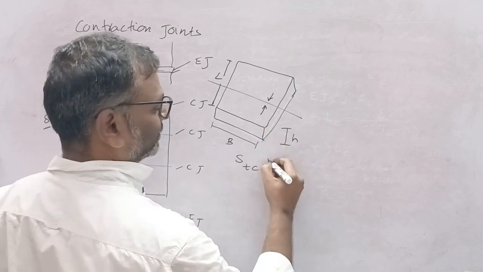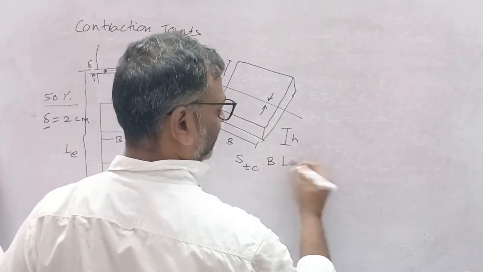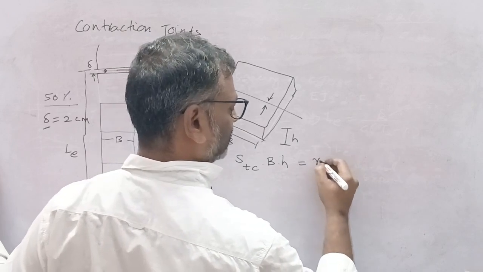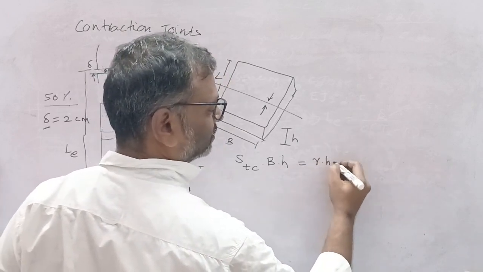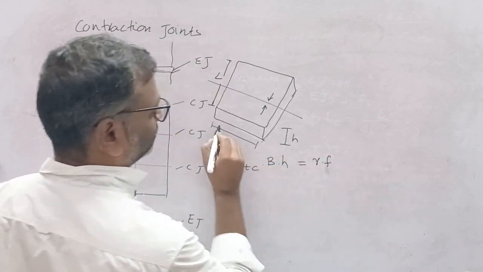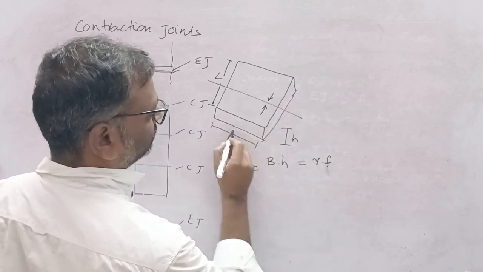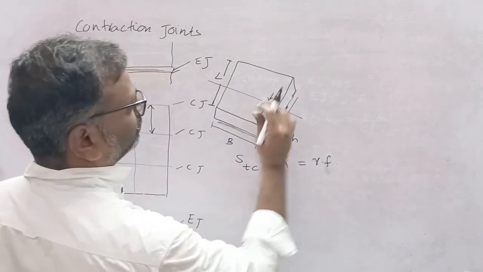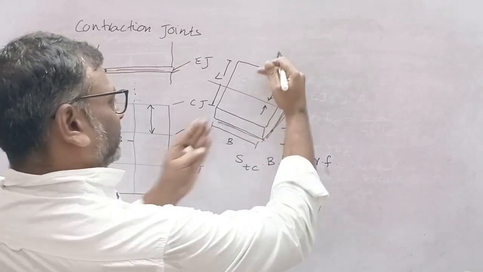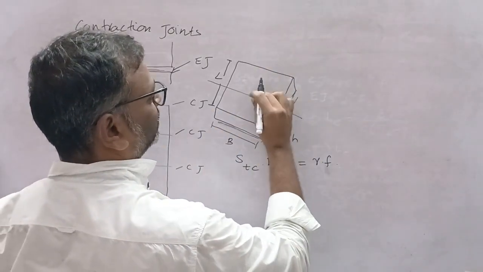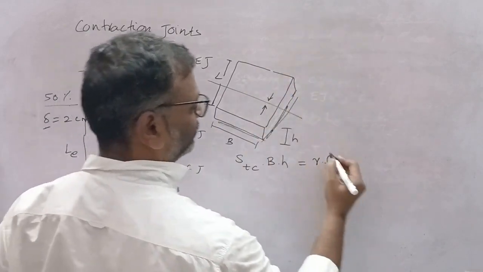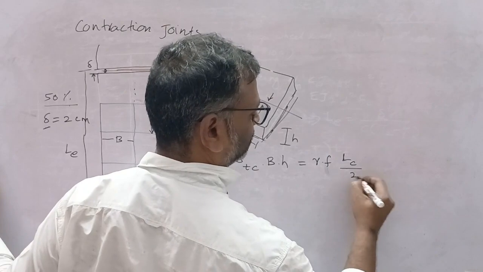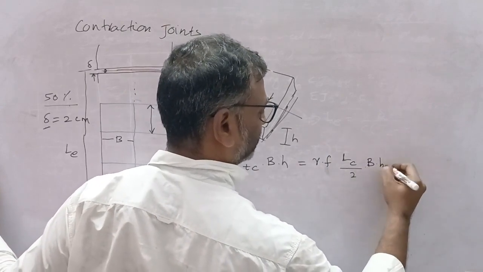B into H, that is equal to gamma, that is unit weight of concrete, into friction factor, that is happening here, into, so we know this contraction or expansion is happening within the concrete slab, so we have to consider 50%, that is L by 2 here, L by 2 here. So L by 2, we will put LC, that is contraction, into 2 into B into H.